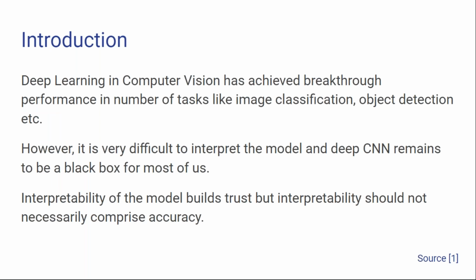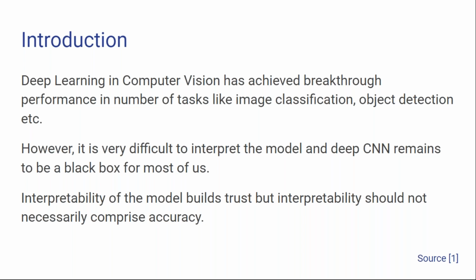Okay, a little bit of background on AI, especially deep learning in computer vision. As you are all aware, in the last decade we have achieved great breakthrough performance in many tasks like image classification and object detection. This became possible only after deep learning came into the field of computer vision.